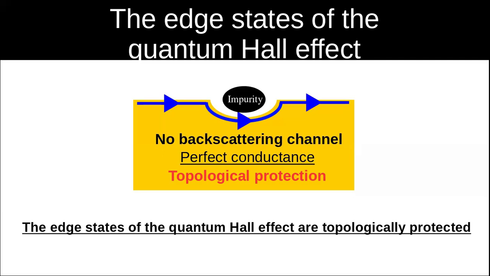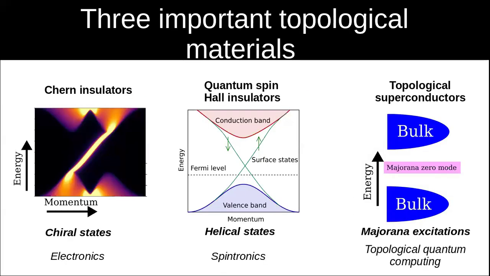And this protection is what guarantees the quantization in the quantum Hall state, and what guarantees the quantization of the topological state. The quantum Hall state is just the simplest case of a topological state of matter, and more generically, it is a very specific case of what are called Chern insulators, which are systems that have a finite Chern number.